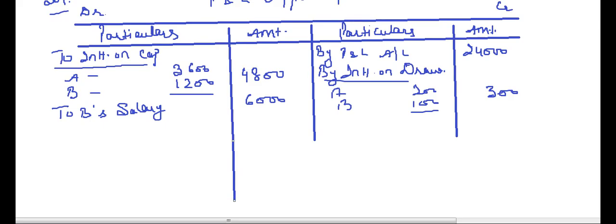So we have to distribute the remaining profit among the partners. Now see, the profit sharing ratio is not given in the question. So we'll assume that the profits are to be distributed equally.